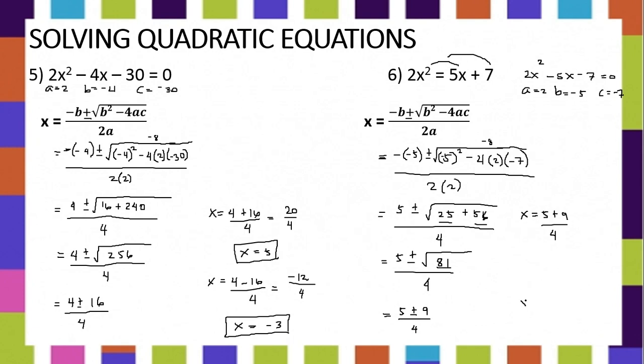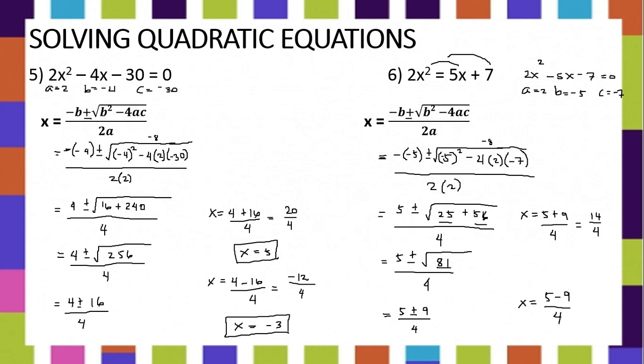Yung isa naman, 5 minus 9 over 4. Okay, 5 plus 9 is 14 over 4.